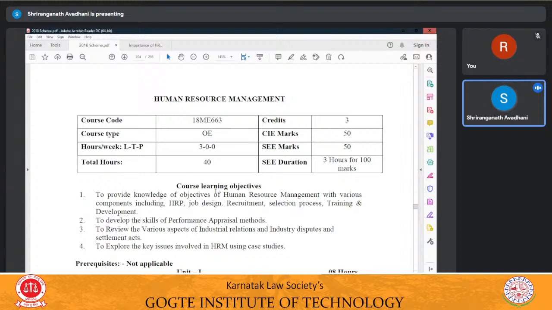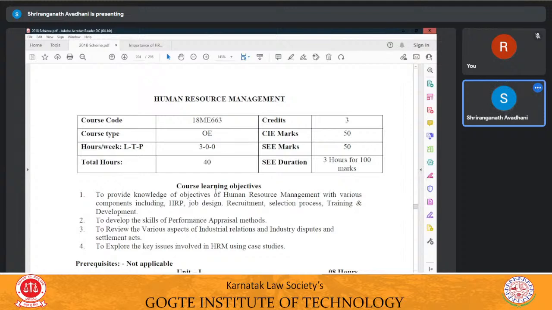As you already know, every industry, whether it is a manufacturing industry or a service industry, is striving to improve its profitability or productivity. To do that, we need to use all the available resources in the organization in the most efficient and effective manner. We can divide those resources into two categories.